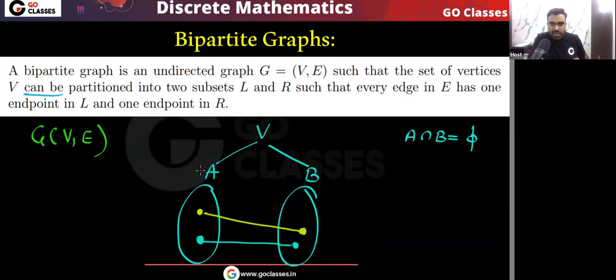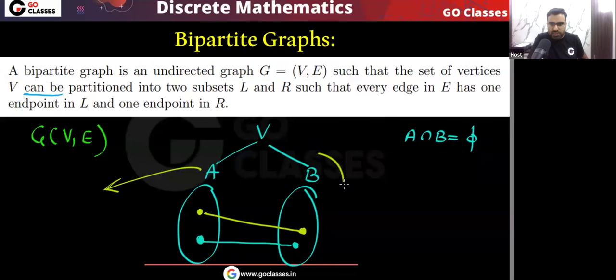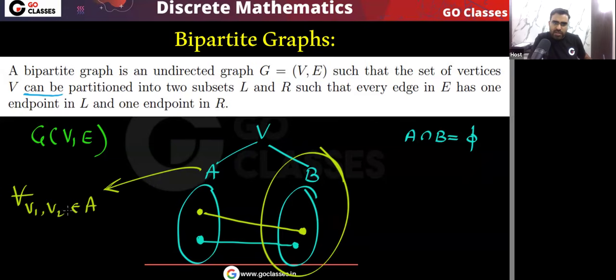Remember, in this A, every two vertices must be non-adjacent. Means if you take any two vertices in this part, they must not have any edge between them. Similarly, in this part, if you take any two vertices, they must be non-adjacent. So for any two vertices v1, v2 in the part A, v1 and v2 should not have any edge between them, they must be non-adjacent.